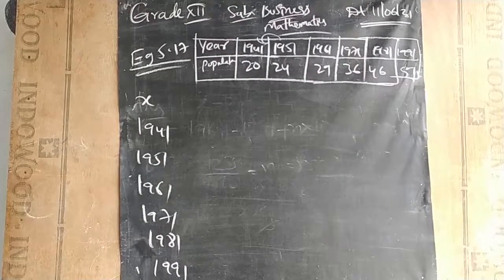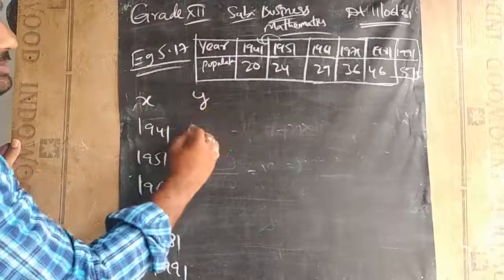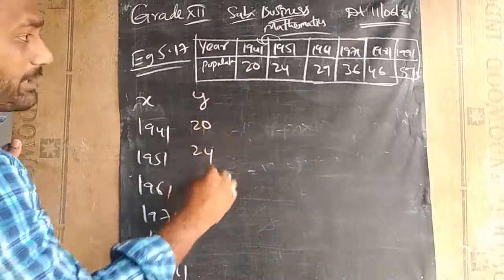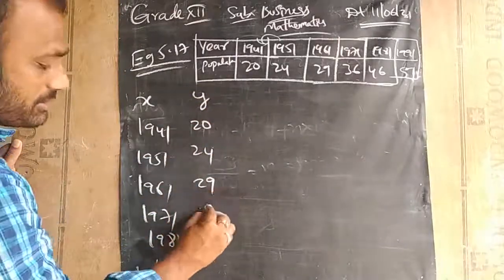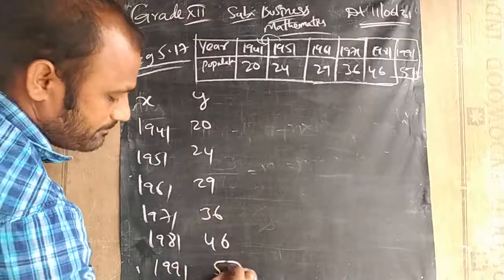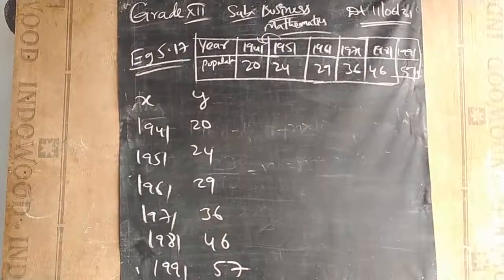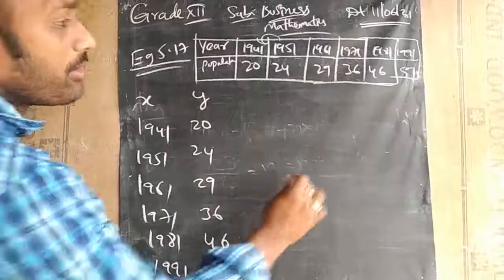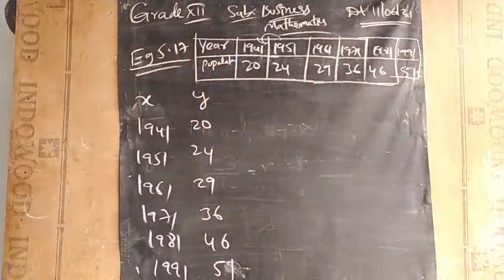So these are the years and the y values: 20 lakhs, 24 lakhs, 29, 36, 46, and 51. Not 57, it's 51 lakh it is.